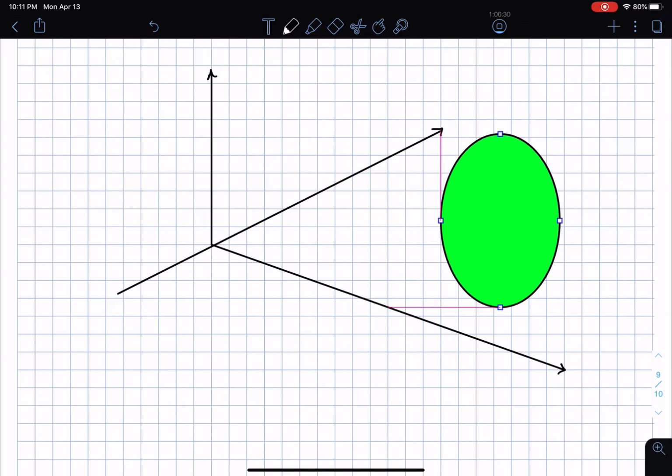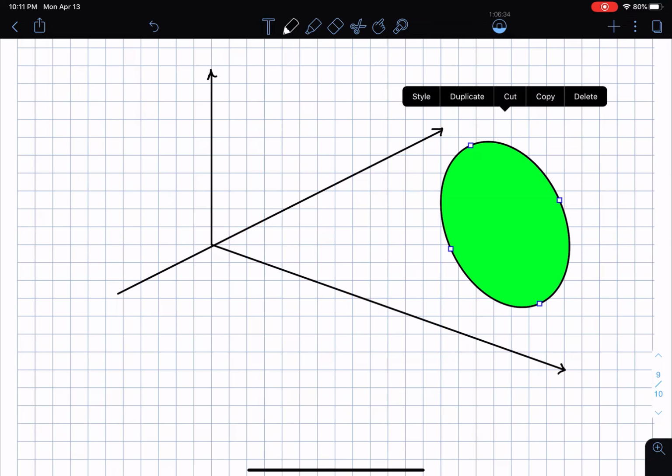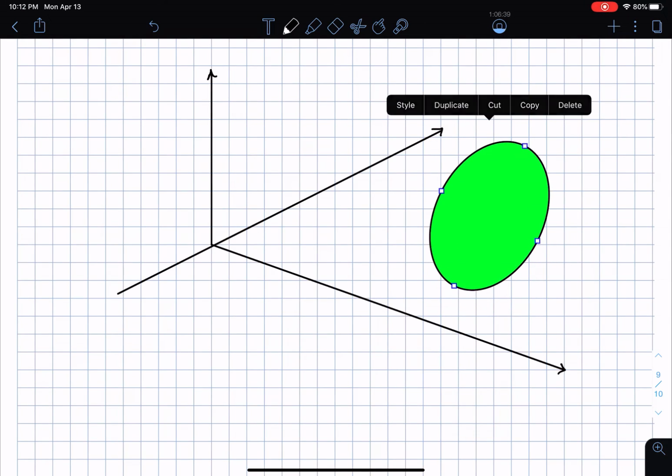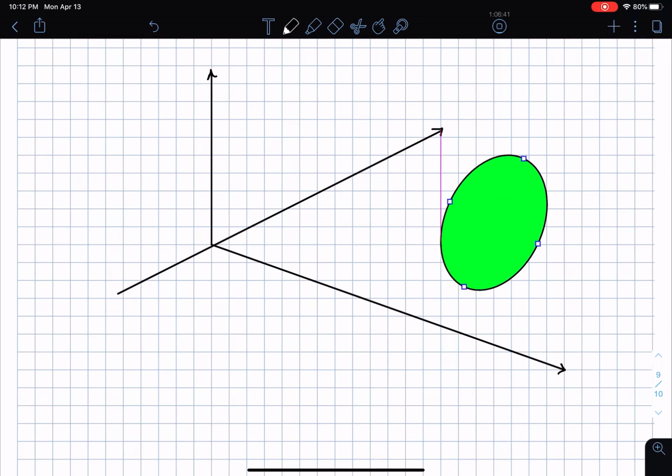Okay, I want to look at the situation here and label some terms. I guess I want to bring it to the right orientation.